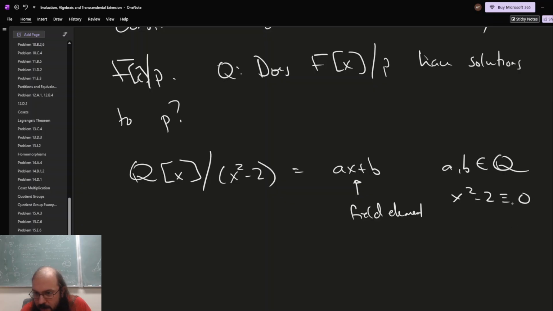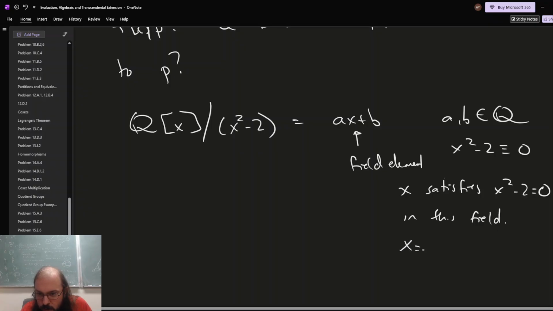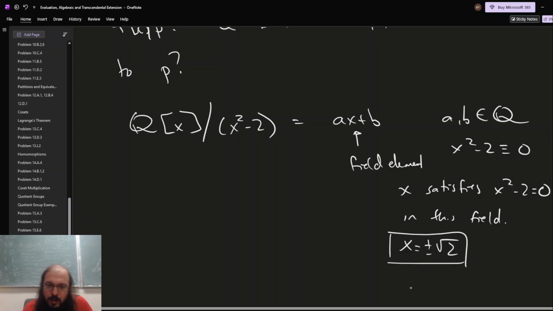However, since x squared minus 2 is being treated as 0, in other words, x is something that satisfies x squared minus 2 equals 0 in this field. So in other words, x is equal to plus or minus the square root of 2. So this field extension concocts an element, namely this x thing, that plays the role of square root of 2, or its negative. So functionally, this has created a new number.